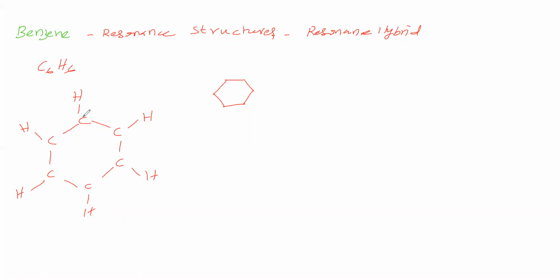Then for each carbon, valence is 4. That means here 3 bonds are there, remaining 1 electron is present in the p orbital. So this carbon is in one plane, and that p orbital is perpendicular to this plane. One lobe is above this plane, another lobe is below this plane.